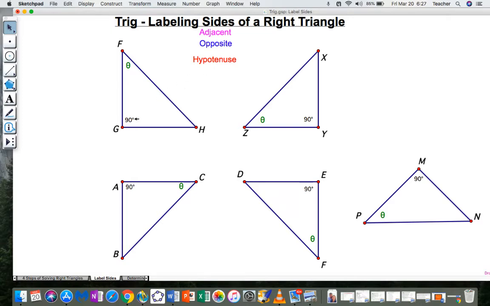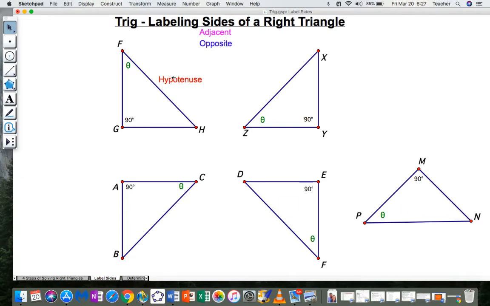It's always opposite the 90 degrees. Now, this is 90 degrees, but you're going to have a box mostly on all of yours. And that box means 90 degrees. So with that box, whatever side is opposite that box, that 90 degrees, is going to be labeled the hypotenuse. I would do that first. Okay, then we're kind of done with the 90 degrees after that.